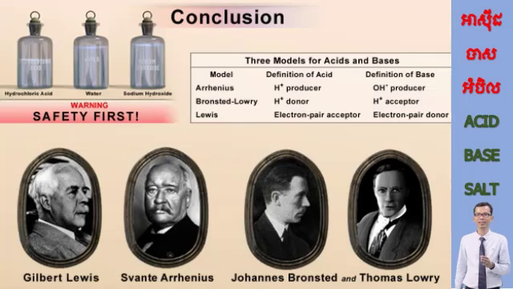In this program, you learn that acids and bases can be potentially dangerous compounds, and that safety should always be a consideration when handling these substances. Several definitions serve to describe the chemical behavior of acids and bases. This presentation has focused on the Arrhenius, Bronsted-Lowry, and Lewis models.